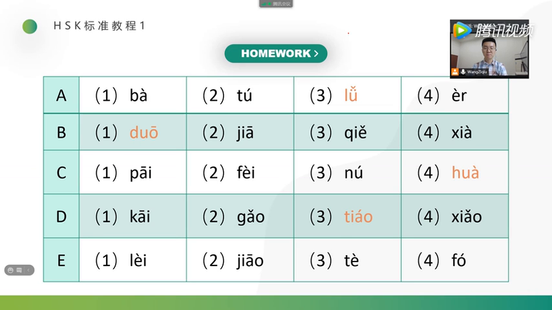Number 3. 条。Okay, the last one, line E. Listen. 教，教，教。Which one? Very good. We should choose number 2.